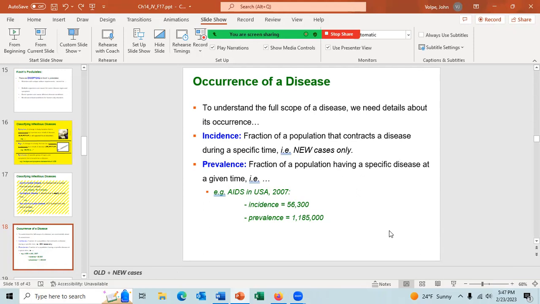For example, in AIDS in the United States in 2007, the incidence, those who newly came down with AIDS, was about 56,000, but the prevalence was 1,185,000. So the prevalence is both the new cases and the old cases. On something like COVID-19, you usually see the number as the prevalence, the fraction of the population having a specific disease so far in the time.